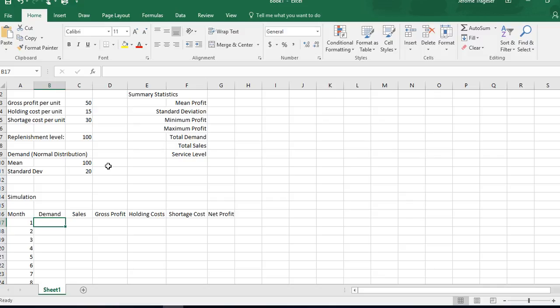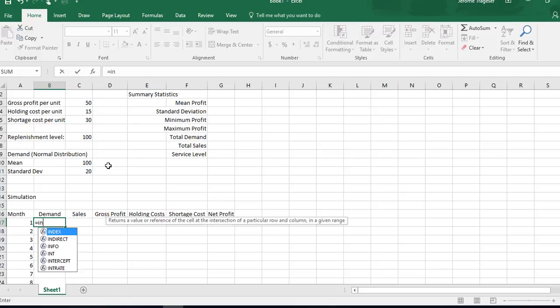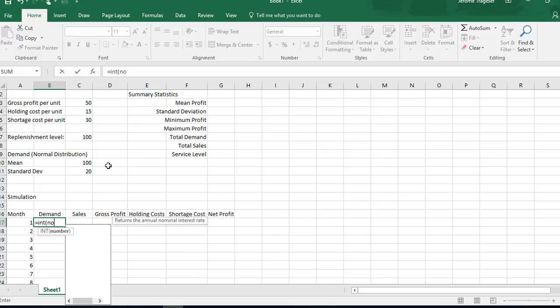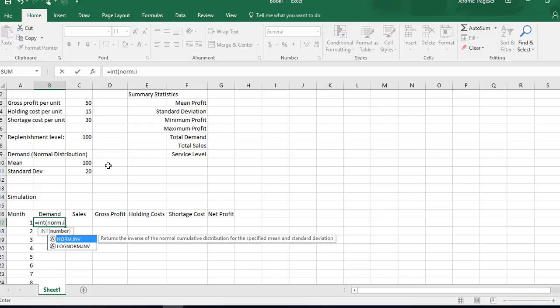So our demand, remember we want this to be random, so it's going to be equals, we're going to use that integer function, so int. Now we want to use the norm.inverse, and we want it to be a random variable, comma, then we need our mean.